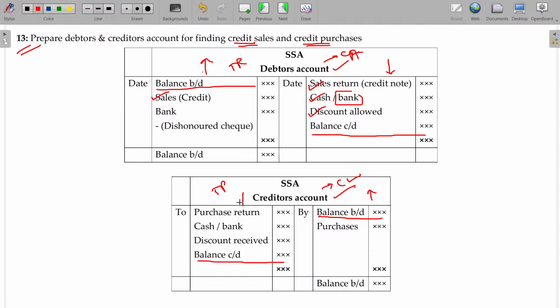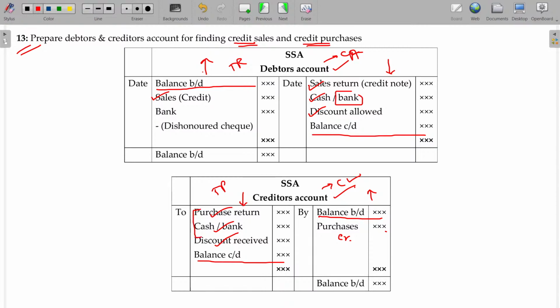If it is decreasing, it should be posted on the debit side. If you are purchasing further on credit, this will be increasing, and if you are returning the unfit goods, it will reduce the amount payable to the creditors. Payment may be in the form of cash or bank, or we may avail some discount. These are the three transactions that reduce it.